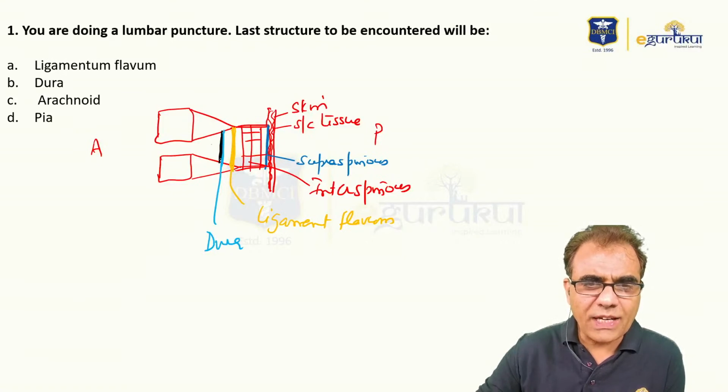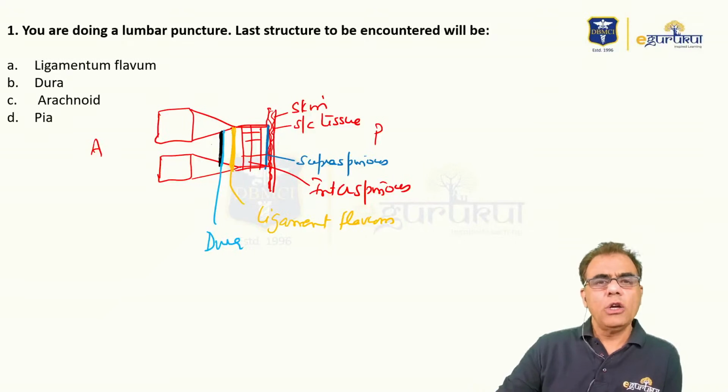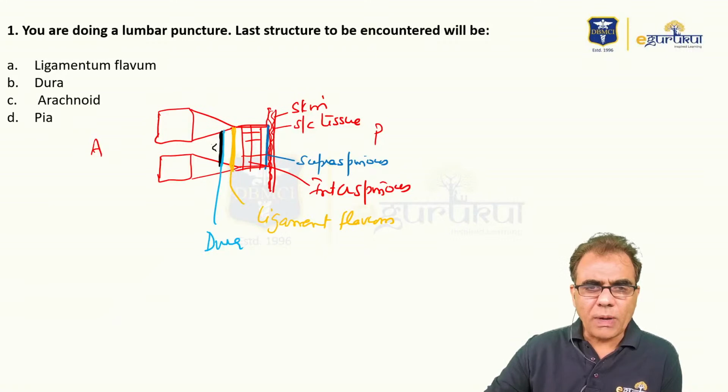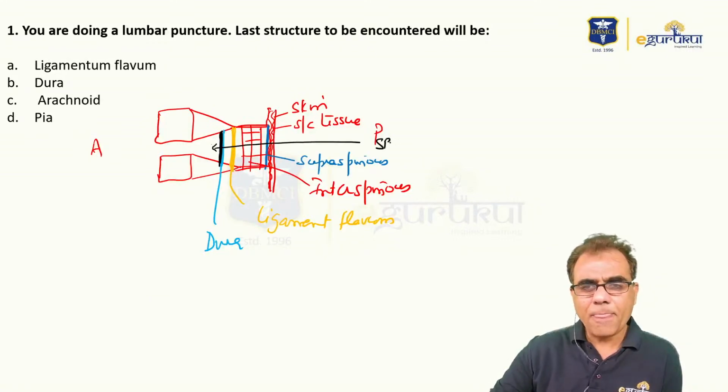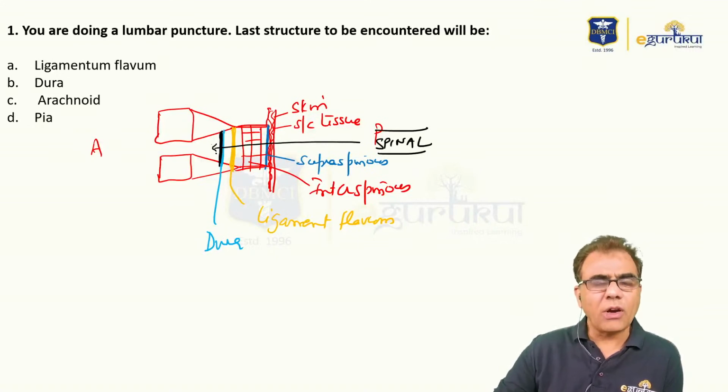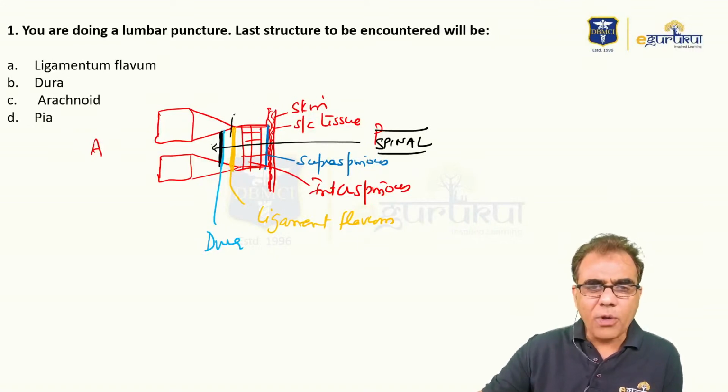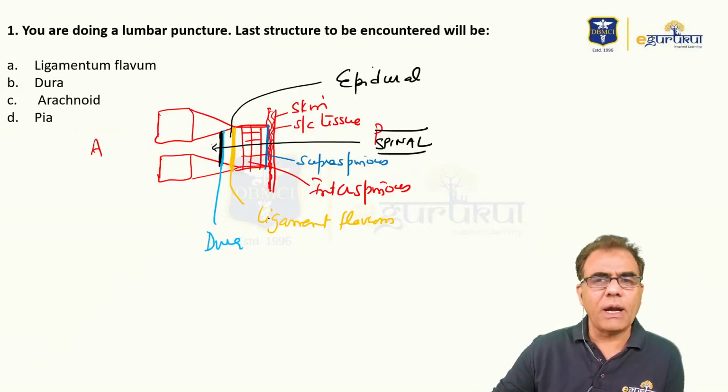So in fact there is no subdural space. Therefore as soon as you pierce the dura, you also automatically pierce the arachnoid. So spinal anesthesia is given here, that is subarachnoid space between arachnoid and pia, and epidural anesthesia is given outside the dura, that means between ligamentum flavum and dura.